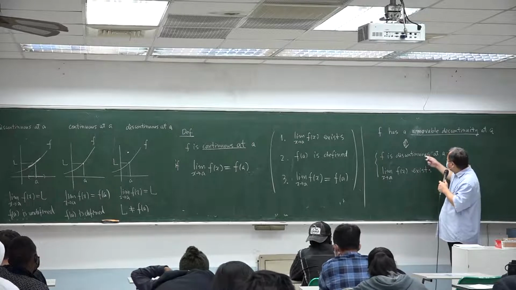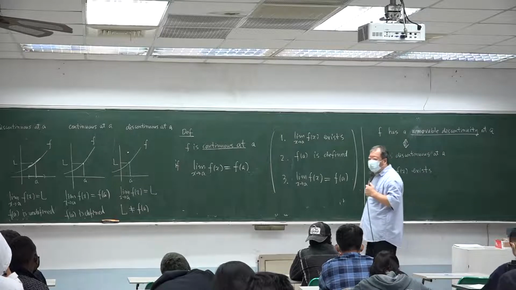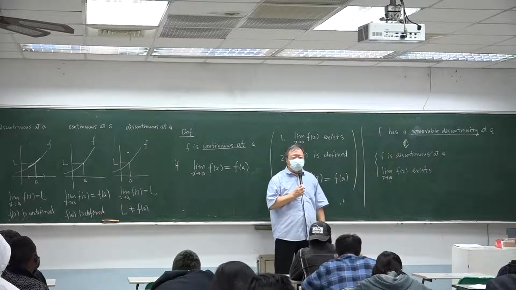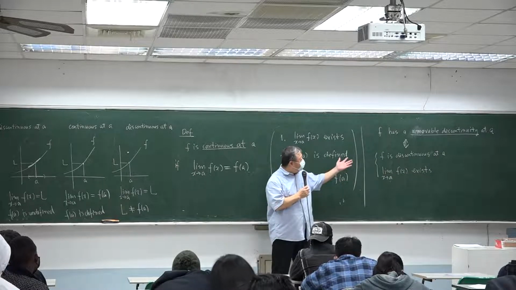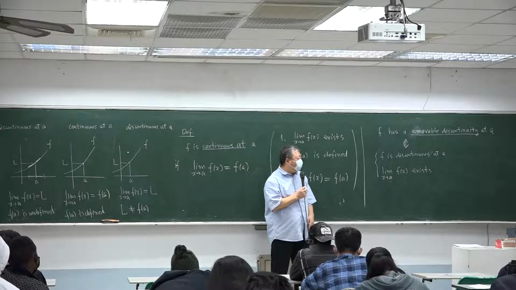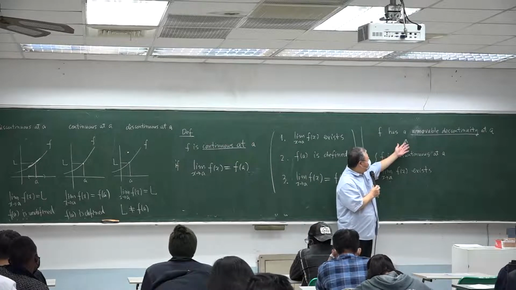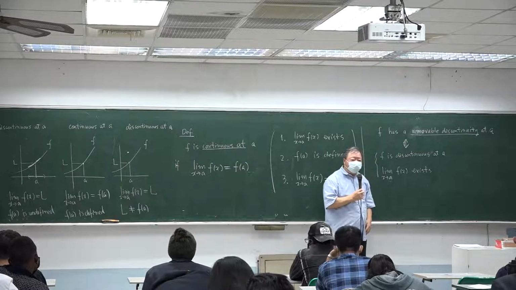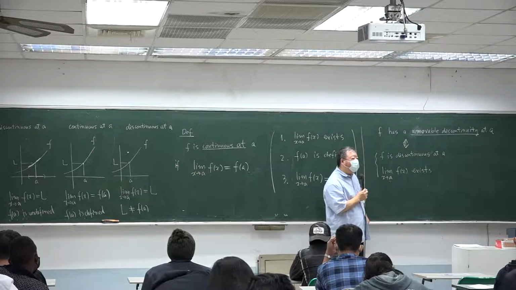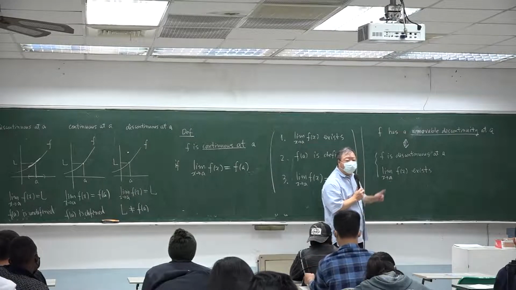Then we say f has a removable discontinuity. We give this phenomenon a description, the name, removable discontinuity. Sometimes a problem asks you, if f has some removable discontinuity at A, please define or redefine f of A such that f is continuous at A.